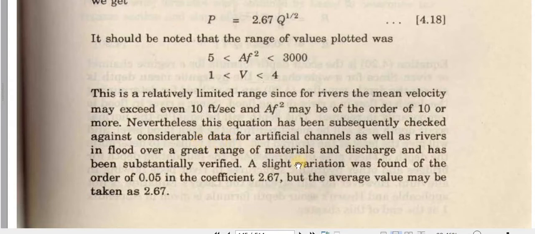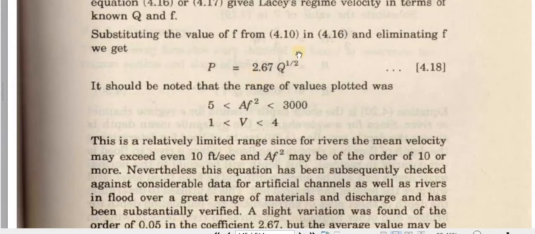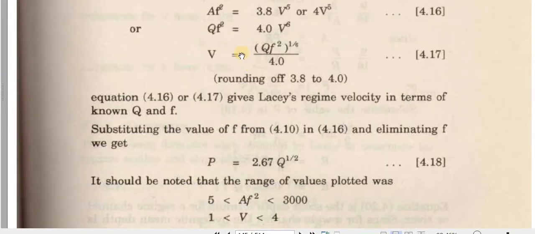For artificial channels a slight variation of the order of 0.05 was found in the coefficient 2.67. It may be plus or minus, but we can take the value 2.67. So this is the most commonly used equation for the wetted perimeter and the velocity.